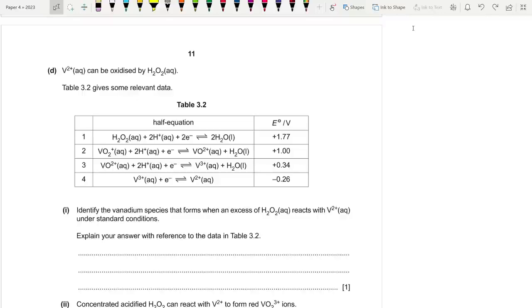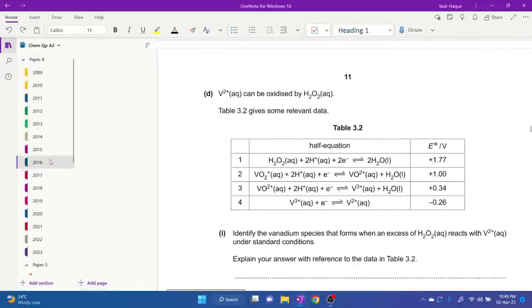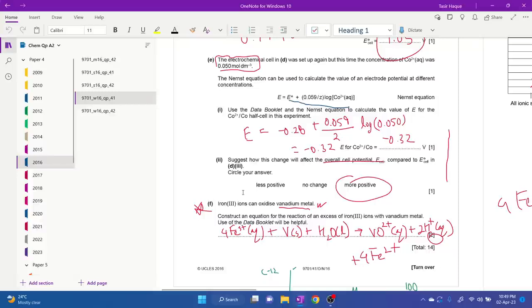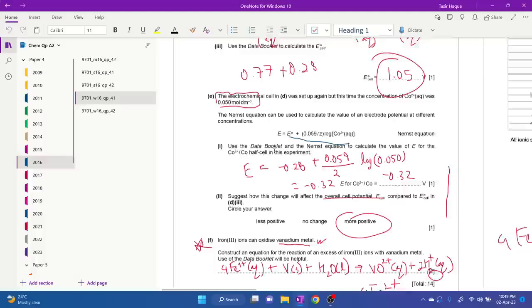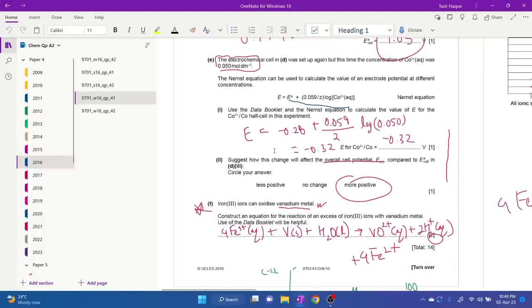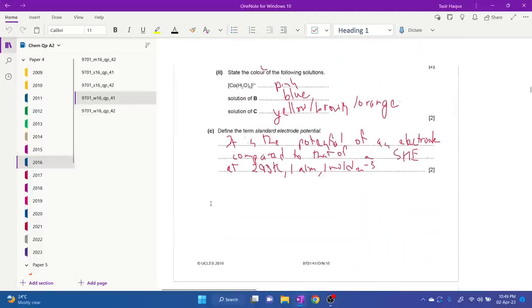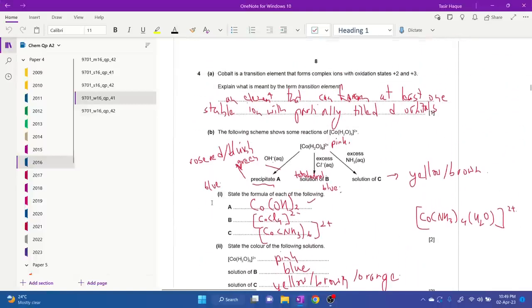So this is a question from ON1641, question number 4. This one. Almost the same question, similar but not the same. Basically, there we had vanadium reacting with iron, but it followed the same principle. You guys can check this out after you solve this paper.